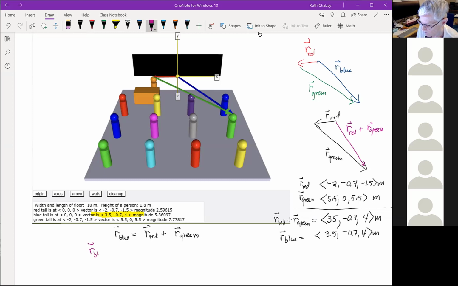So we get R blue minus R red is our green. Is that correct? Well, it actually is, and it shows us something important about graphically subtracting vectors and graphically adding vectors.